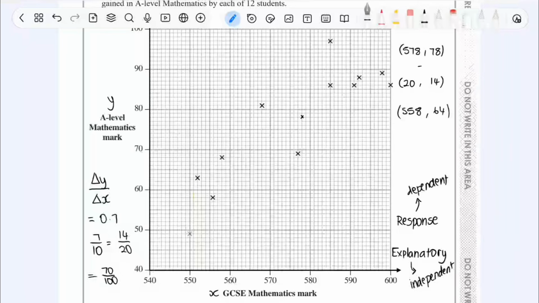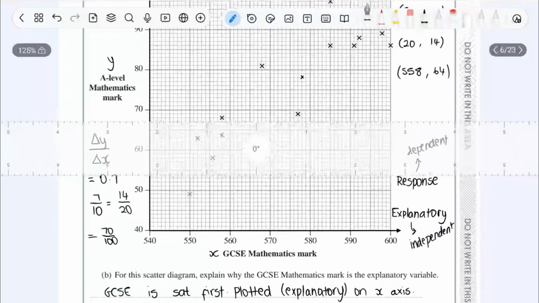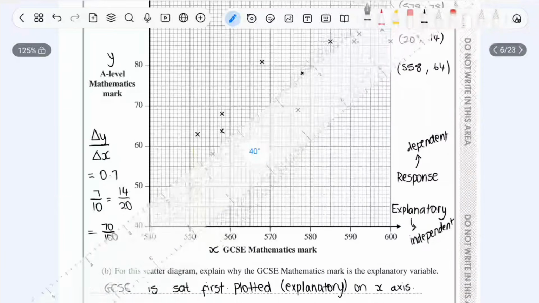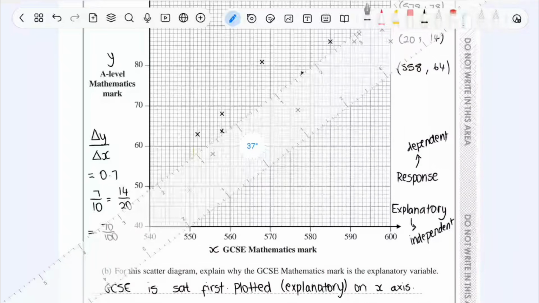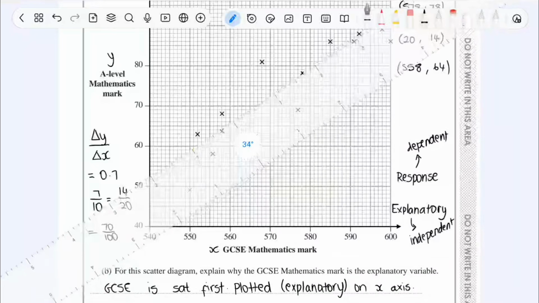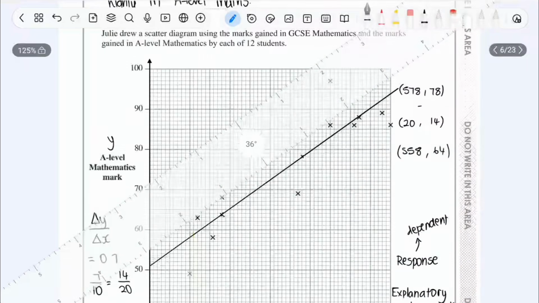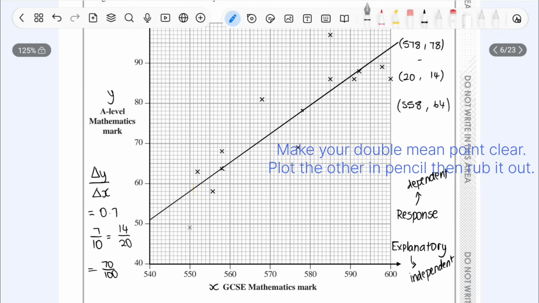And now if we find this point, 558, 64, and join these two together, this is what we get.